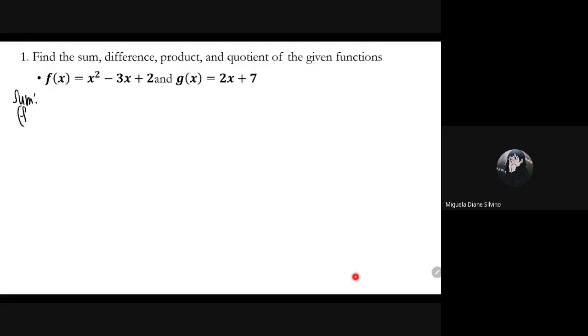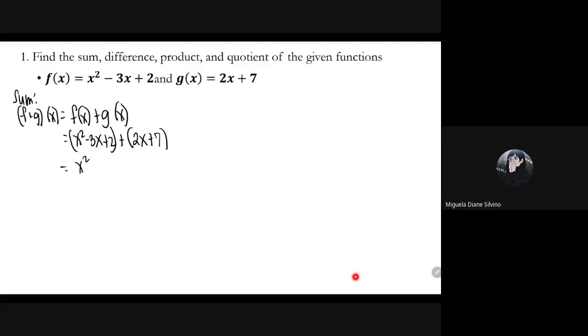So we know that f plus g of x is equal to f of x plus g of x. Our f of x there is x squared minus 3x plus 2. Tapos yung atin namang g of x ay 2x plus 7.